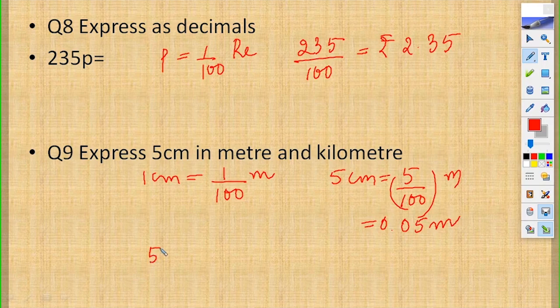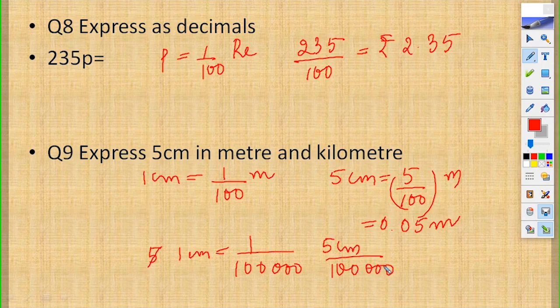Now, what about kilometer? 1 centimeter is how many kilometers? This is meter, and then again converting into kilometer, 3 more zeros. So 5 centimeter divided by how many zeros? 5 zeros. You have 1 lakh. 5 divided by 1 lakh.